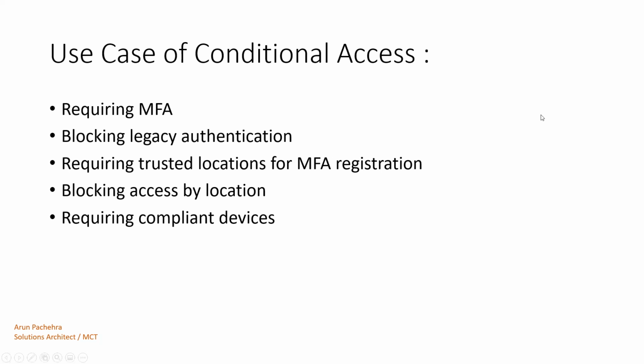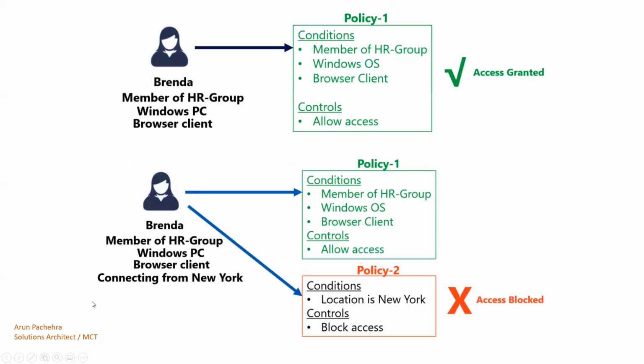Now that we have some understanding of conditional access policies, let's look at how policies are evaluated if we have multiple conditions applied in policies. Here we have a single policy applied, and if we have two policies applied, negative always wins for security reasons. We'll come to that part later, but I know you understand that.